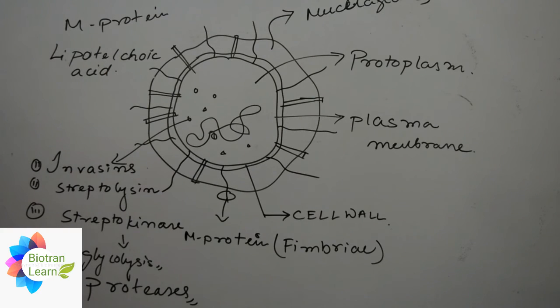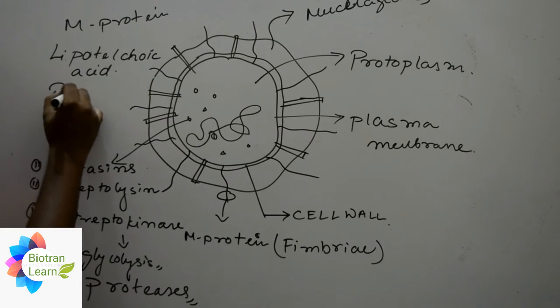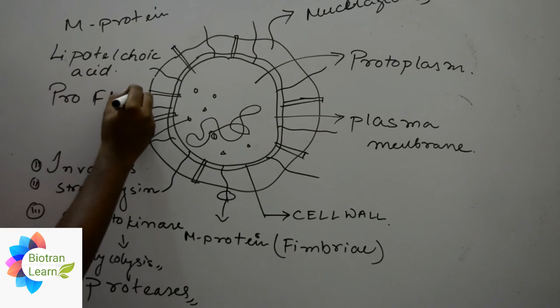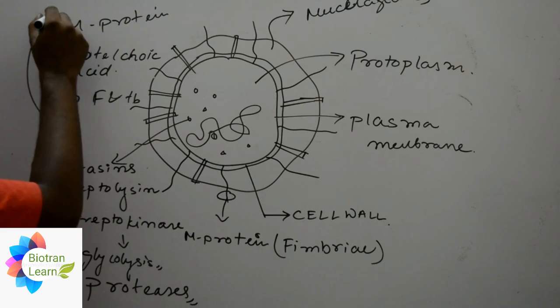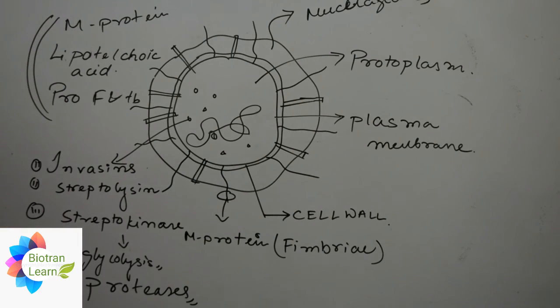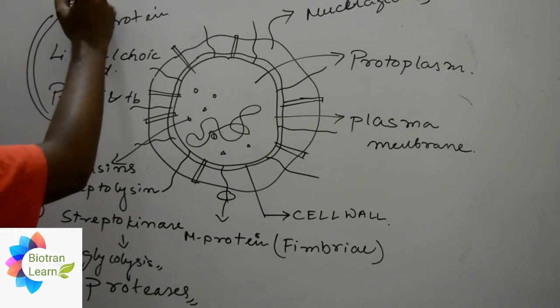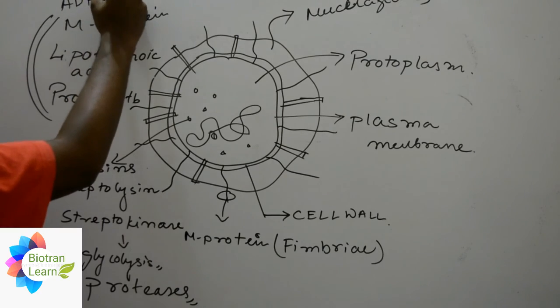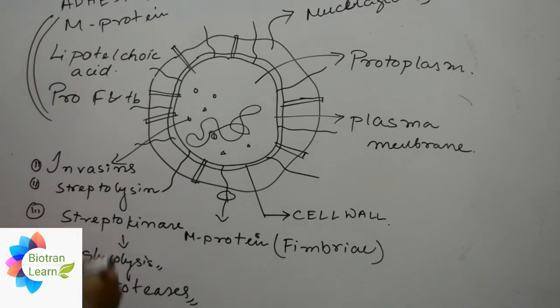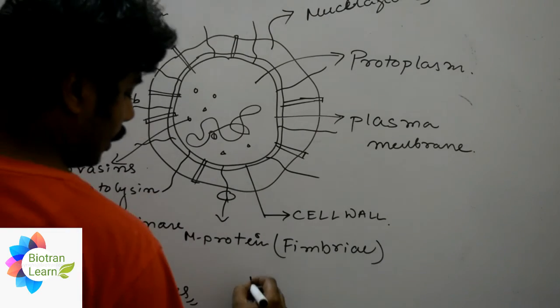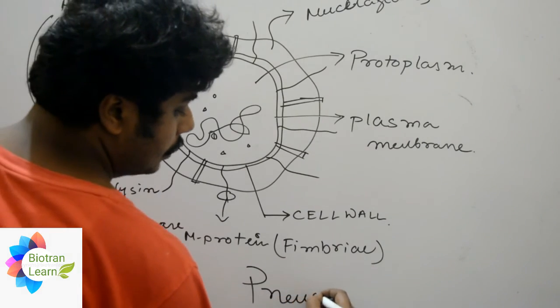and protein F. All these three structures will form the protein known as adhesin, right? So all these structures will together form a particular kind of pneumococci structure.